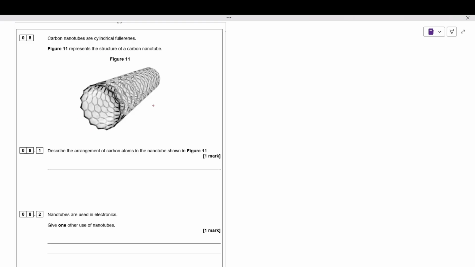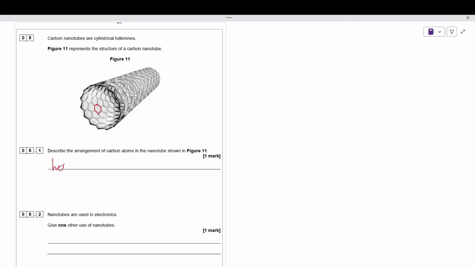fullerenes, and it's represented by this structure. We're going to describe the arrangement of carbon atoms in the carbon nanotube based on the figure that we have right there. Okay, so if we're looking at these, let's just pick any of these. So the arrangement, just looking at it, you can see that it has some hexagonal rings, or if you want to say rings of carbon, that is absolutely fine, right?